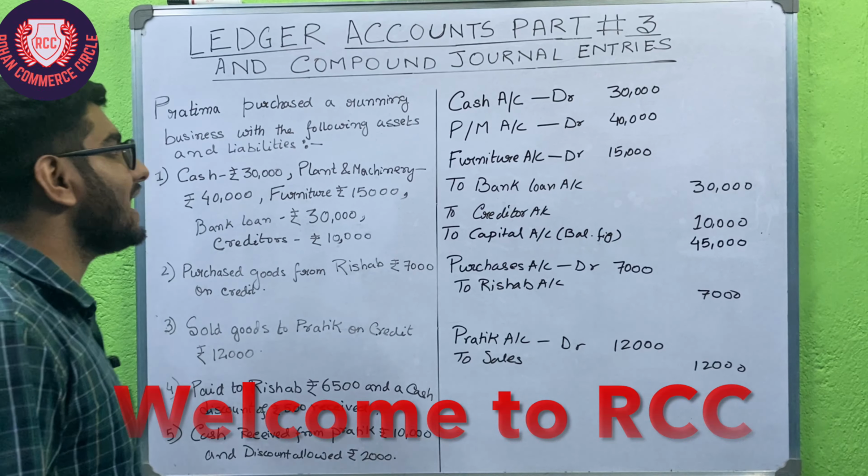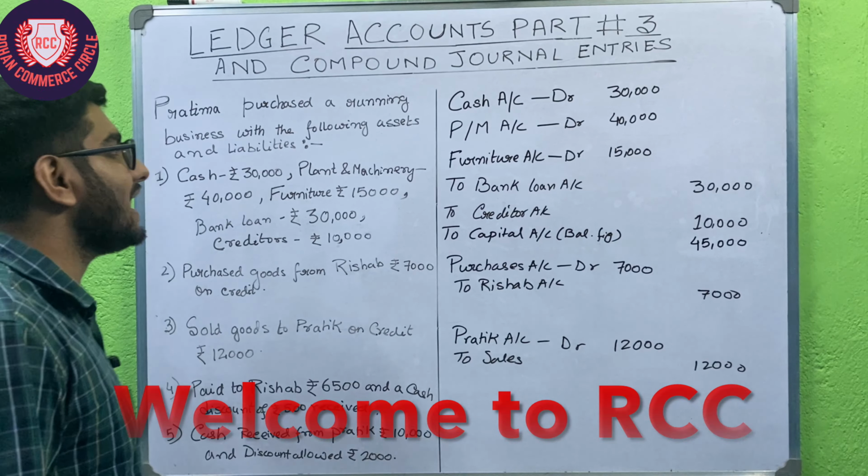Pratik is basically a debtor for us, because we are selling the goods to Pratik on credit. So debtor is increasing, asset is increasing, so we are debiting him. Pratik account debit to sales account. Sales is a revenue, so revenue is increasing, so that's why we are crediting the sales account. 12,000 and 12,000. Now we will be coming to the fourth and fifth entry. So what is the fourth entry?